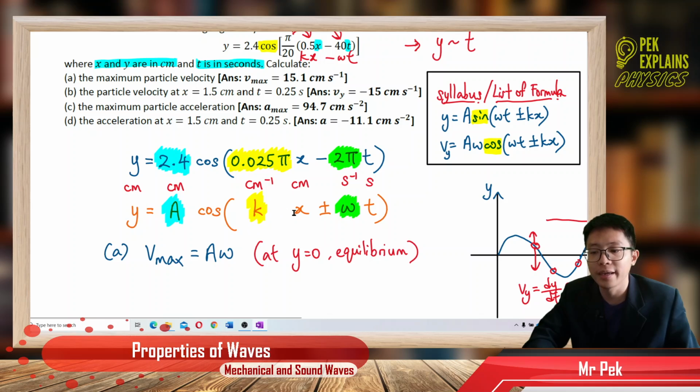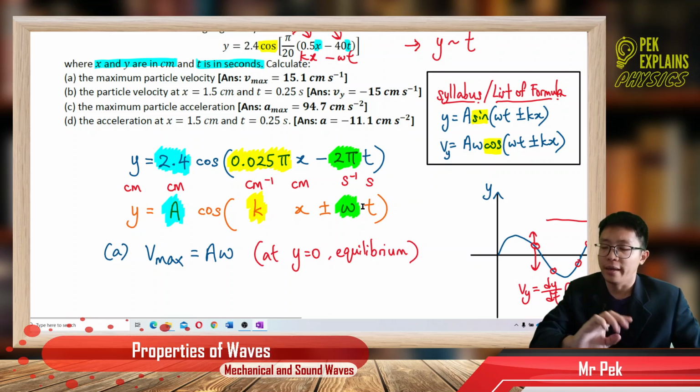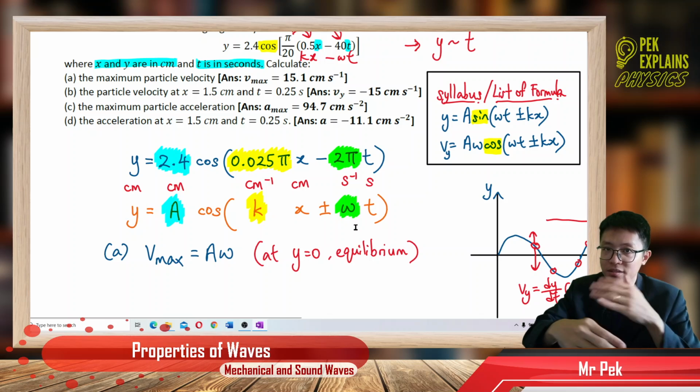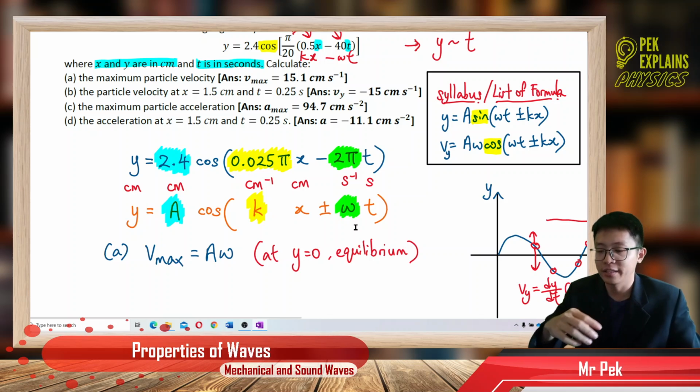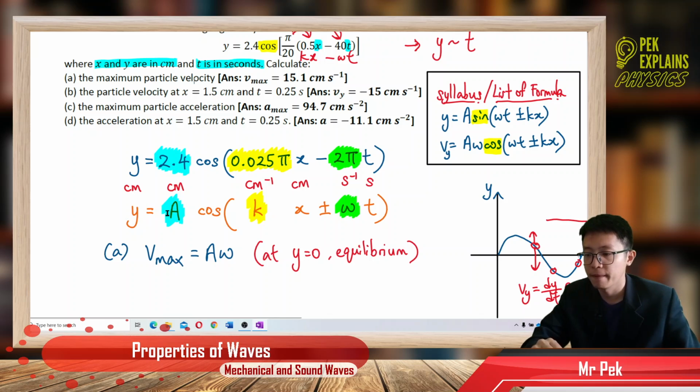But this one is kx plus minus omega t. So be careful, in exams sometimes this kx and omega t can interchange the order. Yeah, kx can be in front, omega t can be at the back, or omega t in front, kx at the back. So it can change. You must be alert of this.